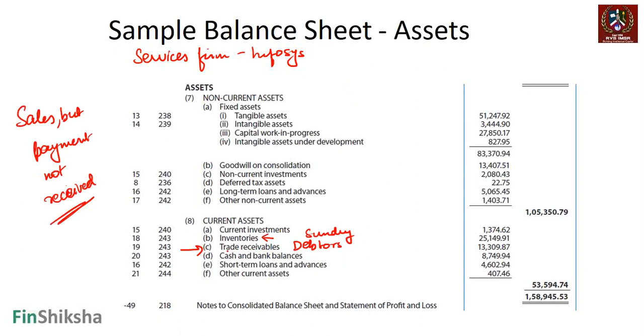Now, trade receivables may not always materialize. Remember, we had said that the balance sheet, so for example, they have 13,000 crore of trade receivables. It is not necessary they will receive all of this money. So in certain cases, trade receivables can turn into what is called as bad debts, which is why we have to be careful while using these numbers and definitions directly off the balance sheet, because they may not represent the fair value or market value in terms of what can be achieved if you were to, let's say, take out all these receivables immediately.